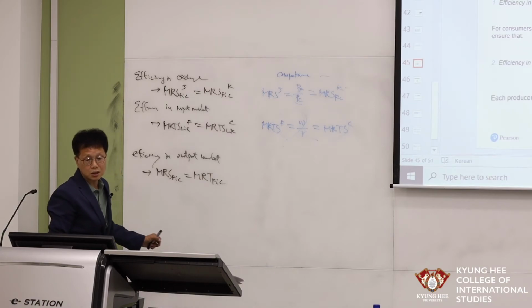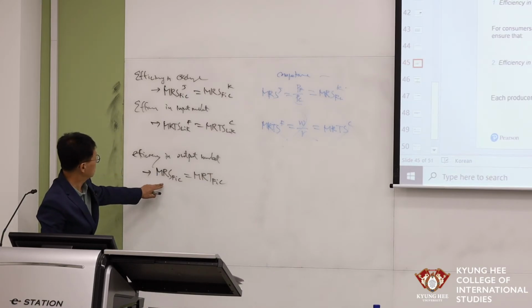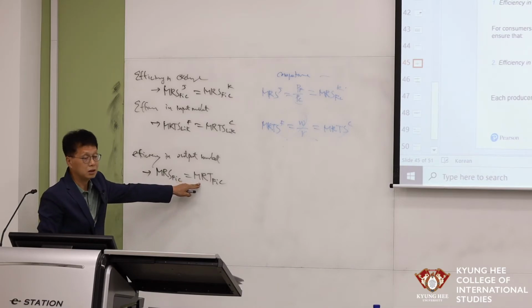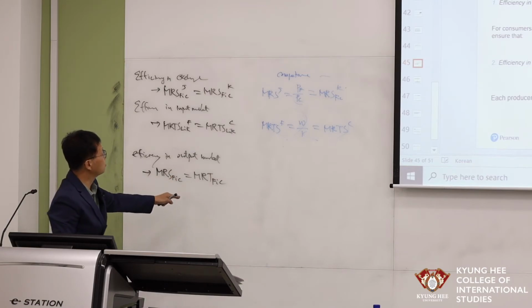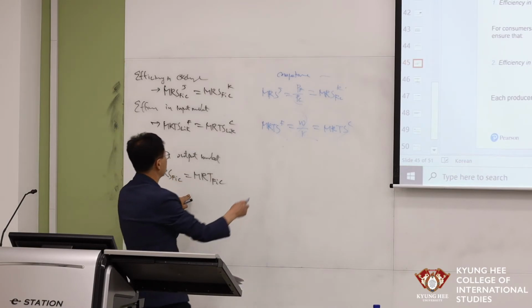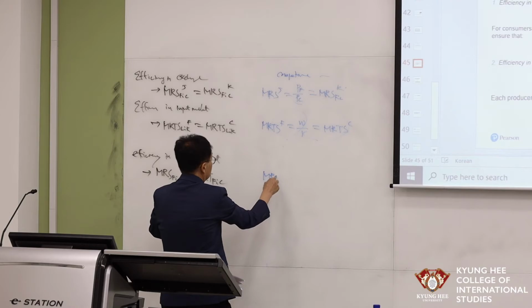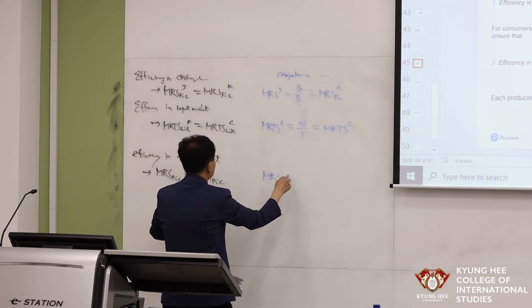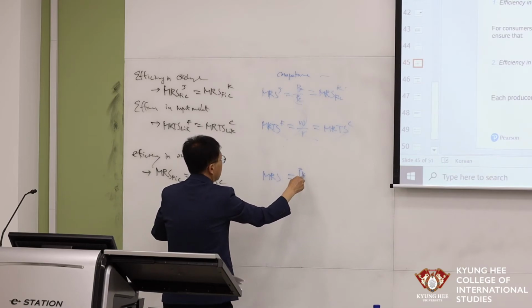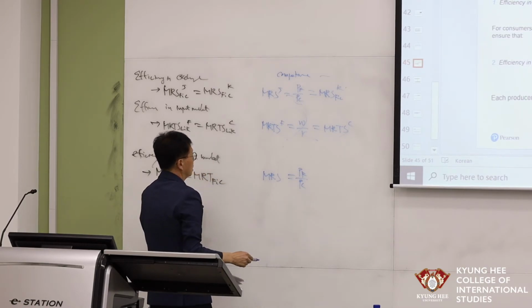And output efficiency is this one. MRS is equal to MRT, right? And we already know that competitive efficiency in output market is MRS for clothing is equal to PF over PC, right?